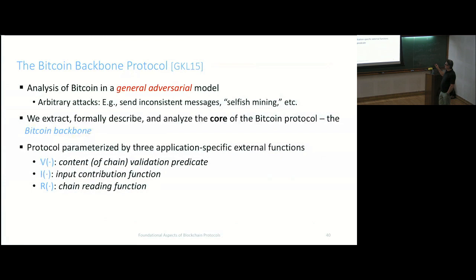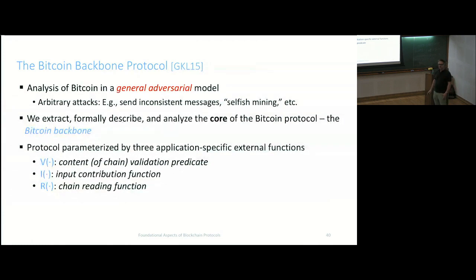And once we had this core analysis, we could define applications by basically using three functions. The application would have a validation predicate, meaning if I wanted to install a transaction, I look at the ledger, and this guy should have sufficient funds, for example. We should define how the inputs are stored in the application, and there should be a reading function, an output function, to say, well, I want to see the content of the ledger.